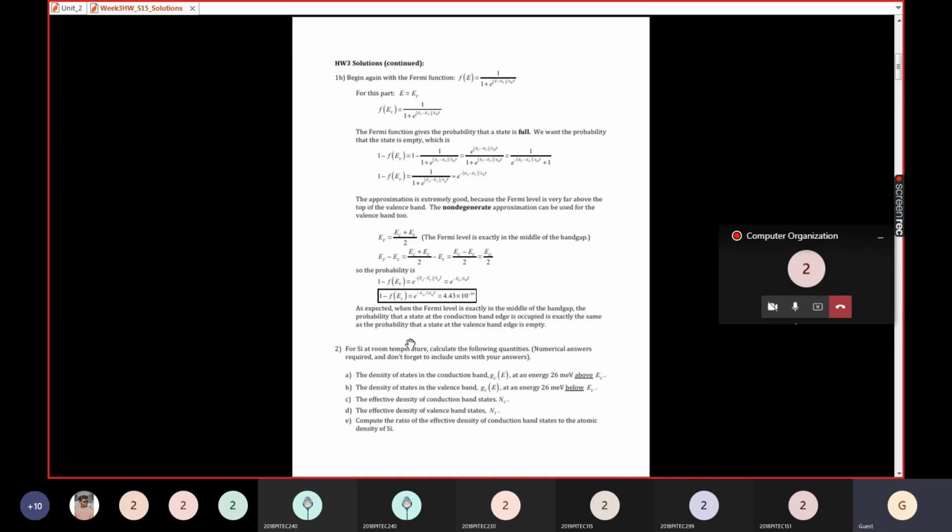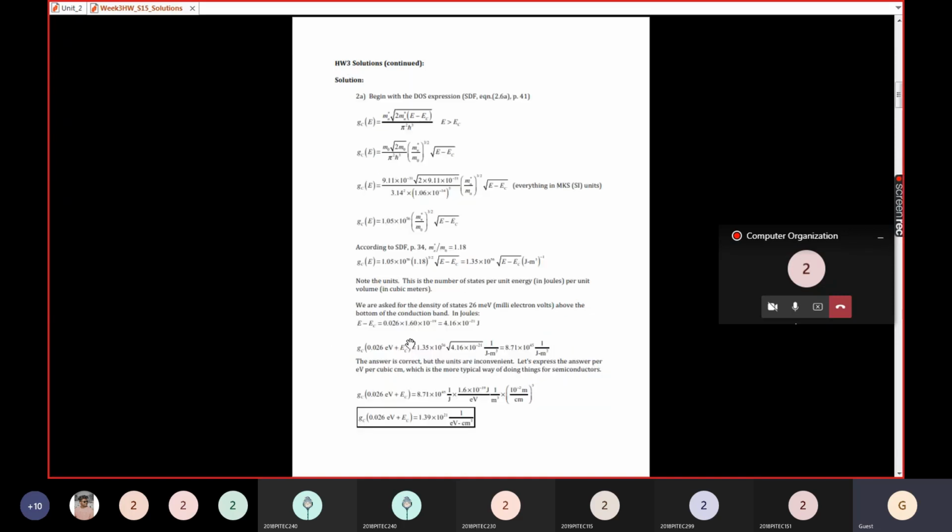So for this type of problem, you have to remember the formula. For the conduction band, the number of electrons already filled is equal to Mn into square root of 2Mn into E minus EC divided by pi square into H cube. This is the basic formula.